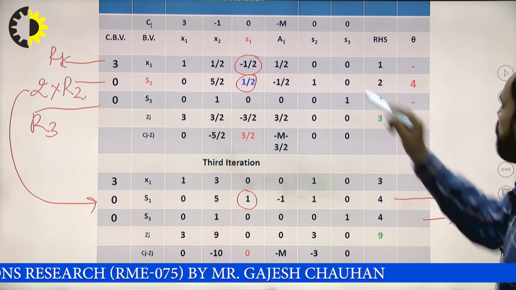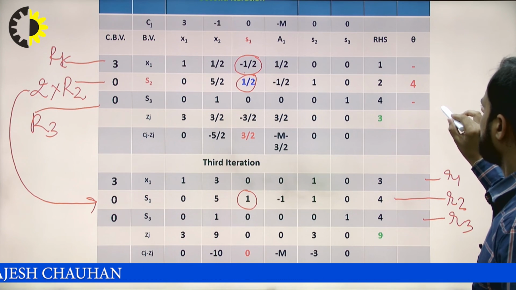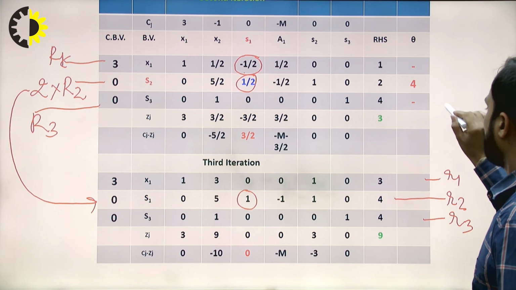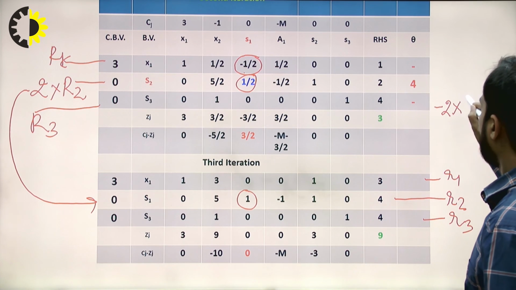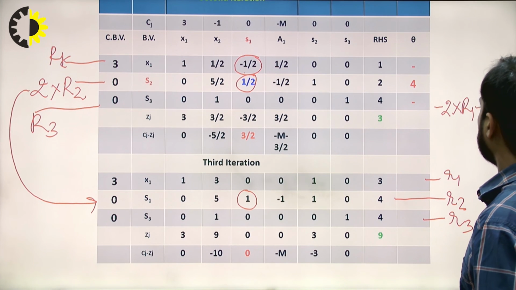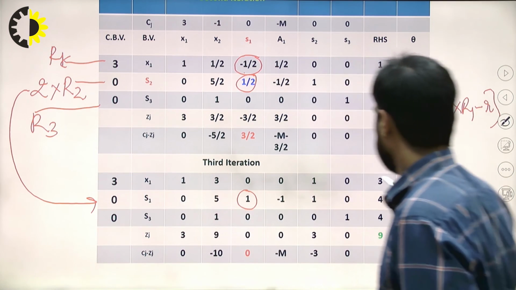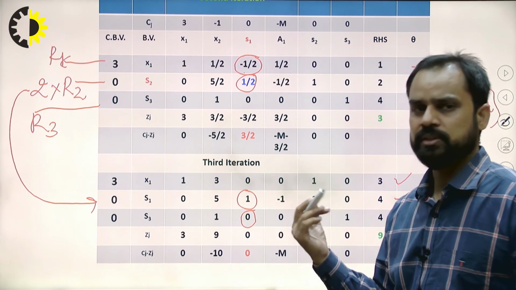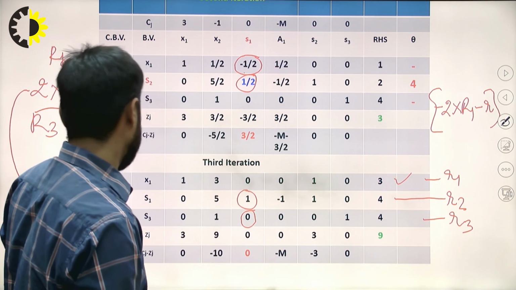How can we apply it? We multiply by minus 2: minus 2 into r1 minus r2. If we apply this matrix operation, we obtain this equation. There is no need to apply any operation here because this element is already 0. After this exercise, we obtain this and this.